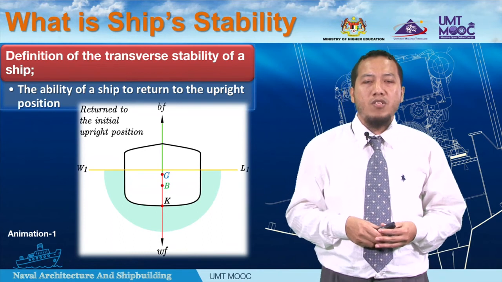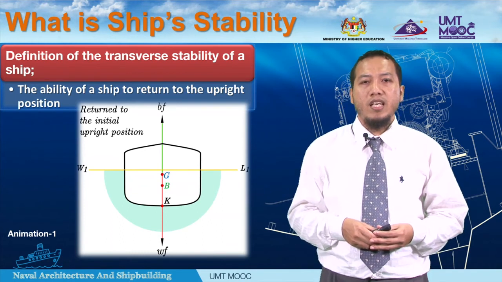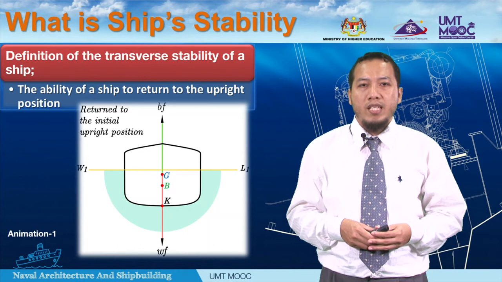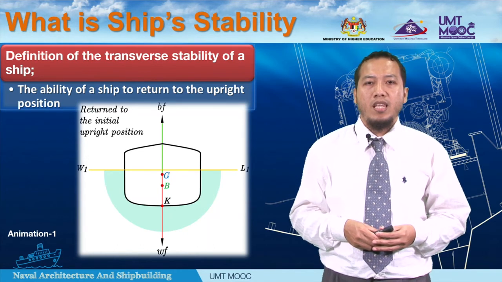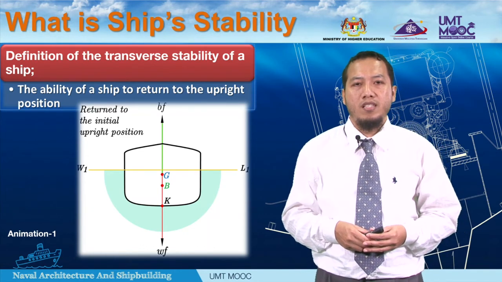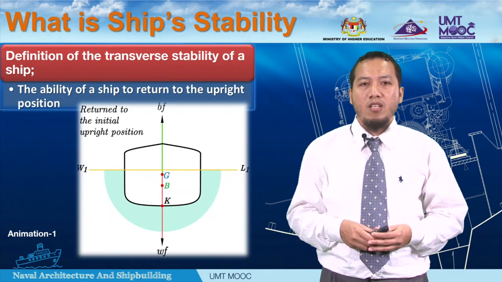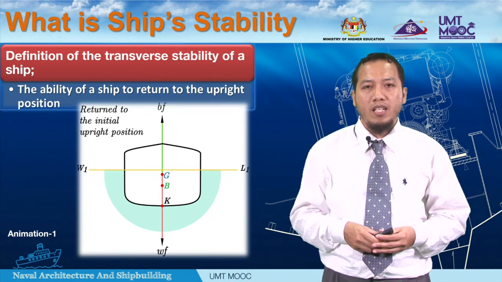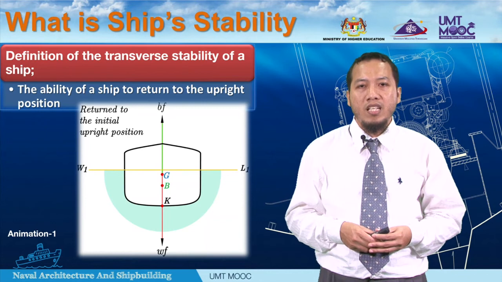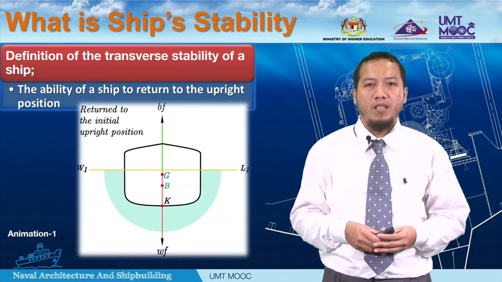Referring to that animation, the ship is initially in the upright position, then heels to the other side. Due to the presence of a restoring moment, finally the ship returns to the upright position.